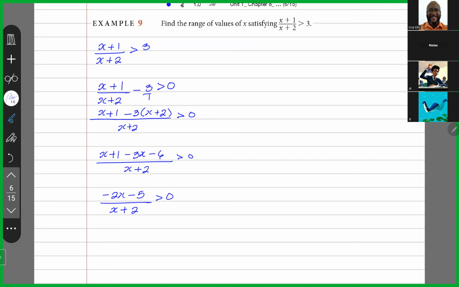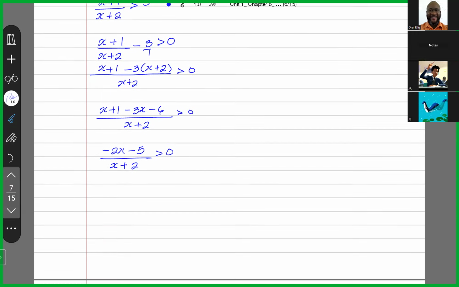All right, so the next thing I'm going to do is determine the critical values. And you remember that the critical values are the values of x that are going to make both the numerator and the denominator 0. So we're going after the critical values.